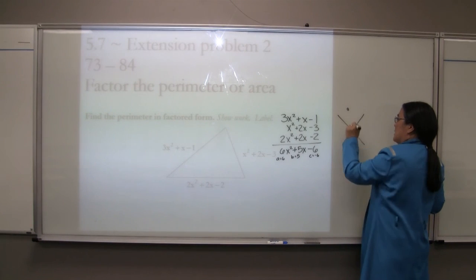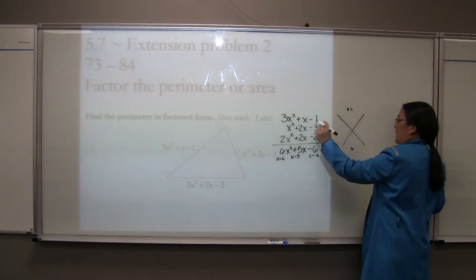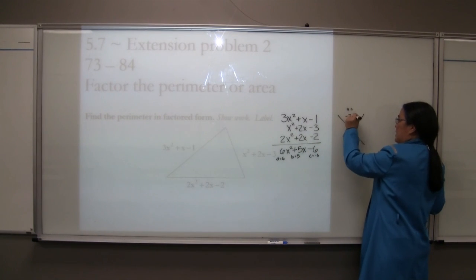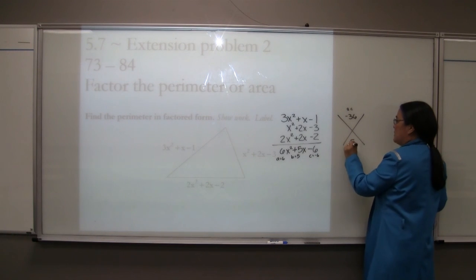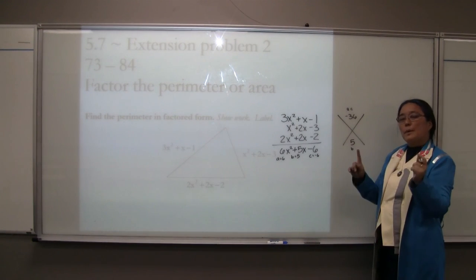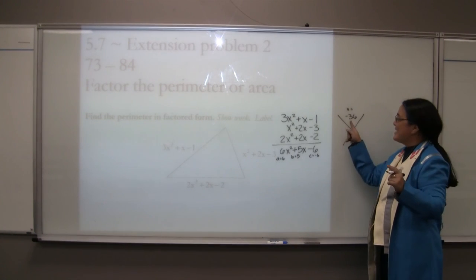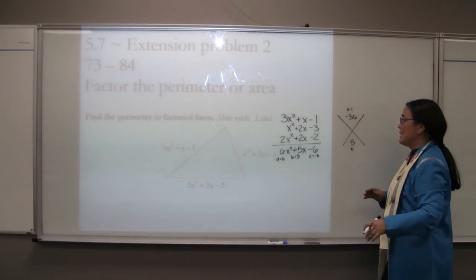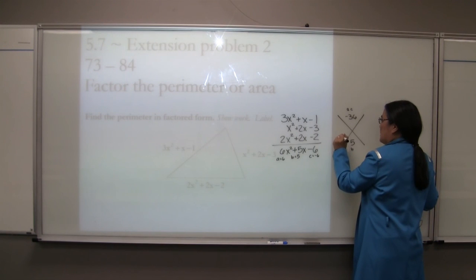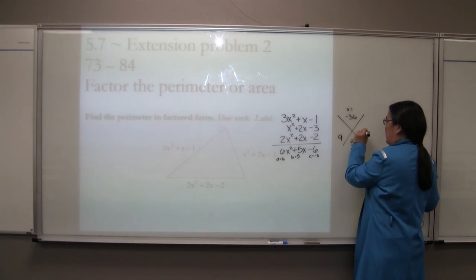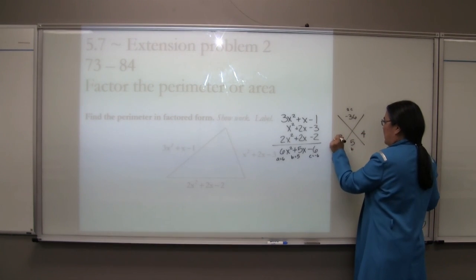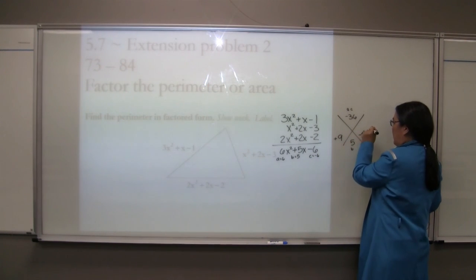And it makes it as easy as A, B, C. A times C is negative 36. B is 5. We need to figure out which pair of numbers multiplies to give me negative 36 and adds to give me 5. Because this is negative, one of them has to be negative. So those numbers are 9 and 4. To get a positive 5, I need a positive 9 and a negative 4.